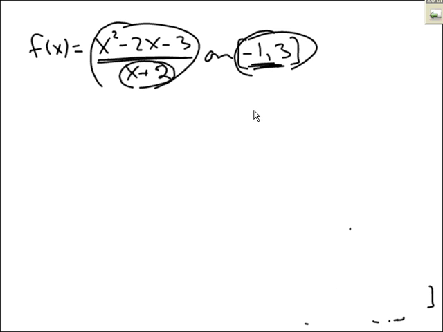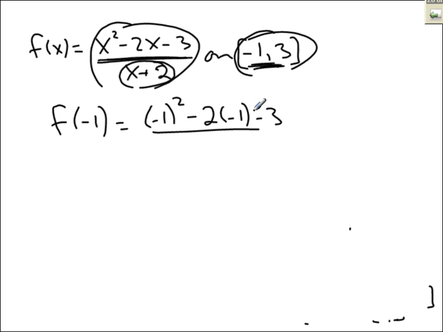Okay, condition 3 says f of the endpoints are equal. F of negative 1: x squared minus 2 times x minus 3 over x plus 2.